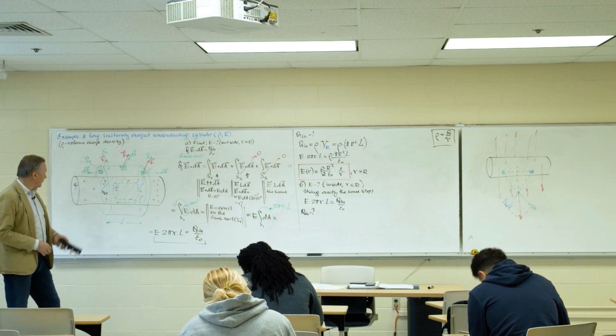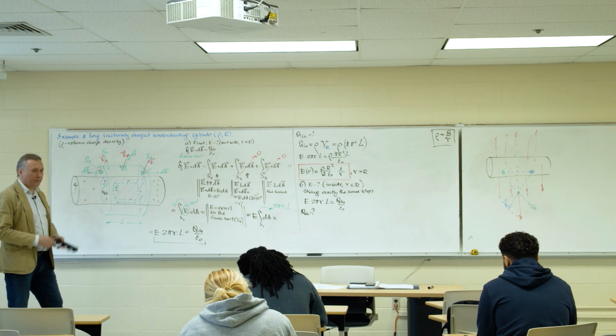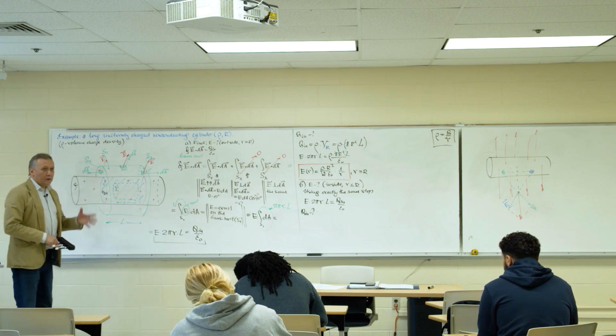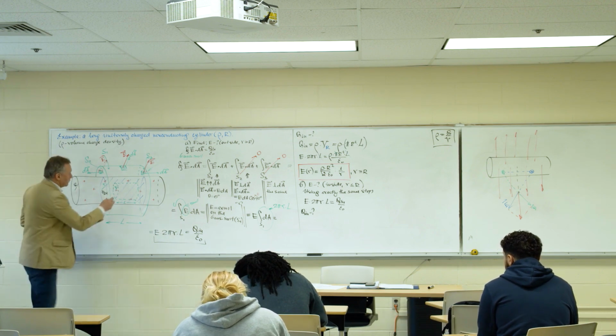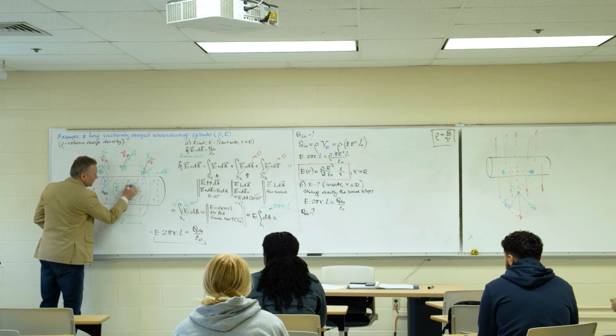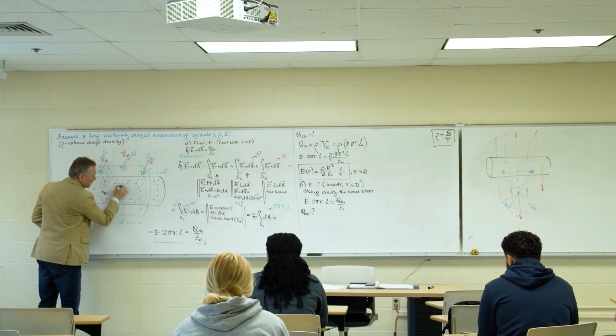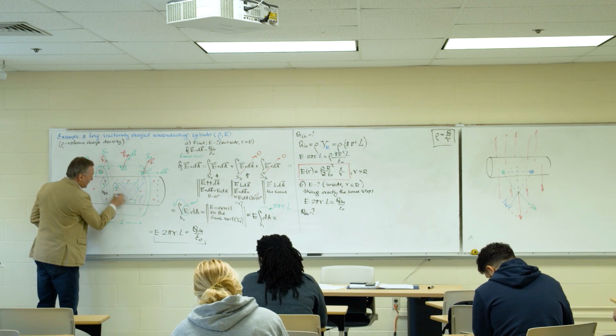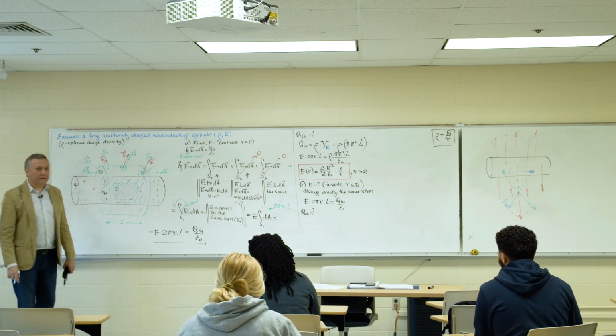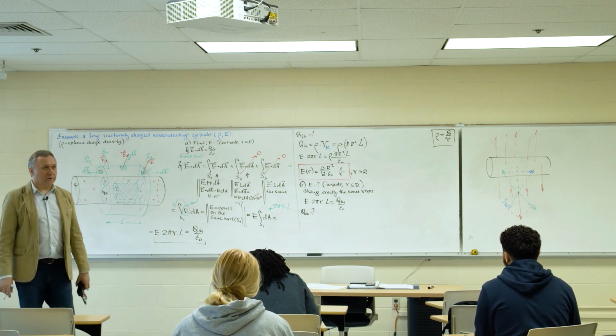I feel like running out of colors in order to highlight that part. Again, the total charge inside. So it's this. I will just use a different line. That's the charge which we're interested in.